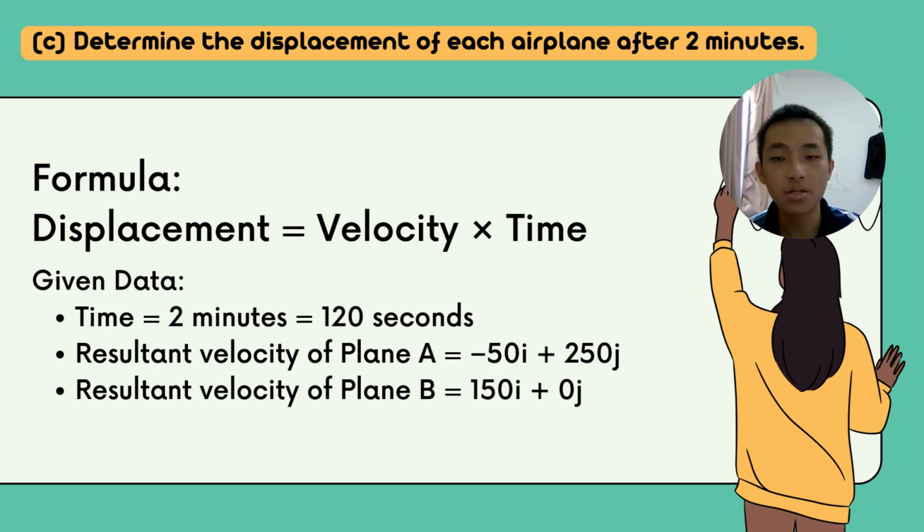And the resultant velocity of plane A is equal to negative 50I plus 250J. And the resultant velocity of plane B is equal to 150I plus 0J.